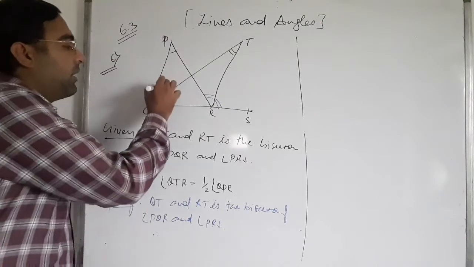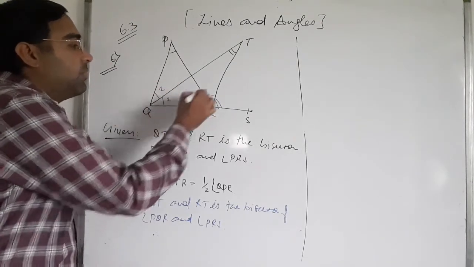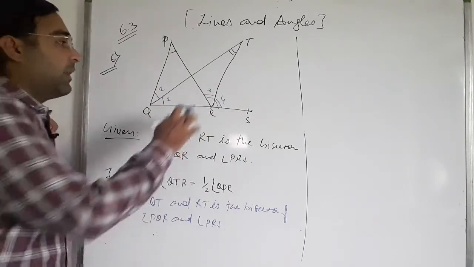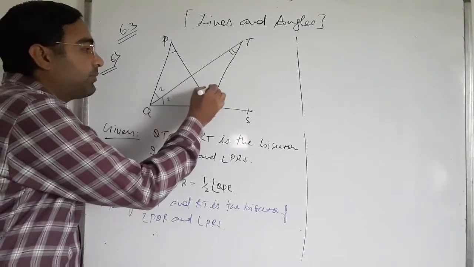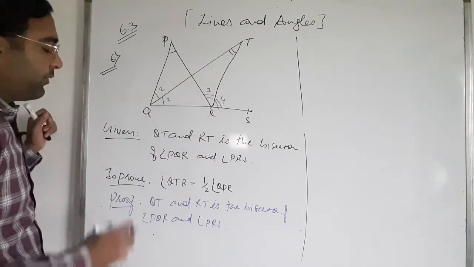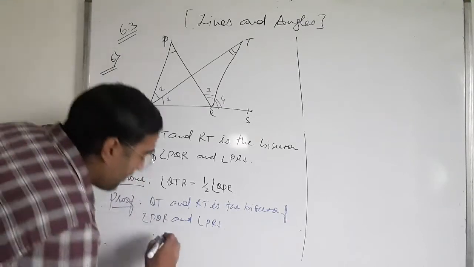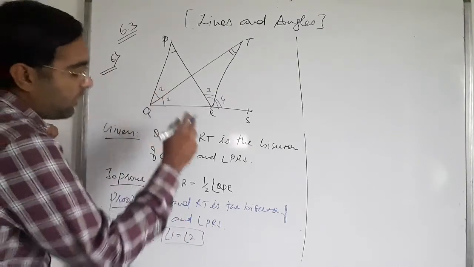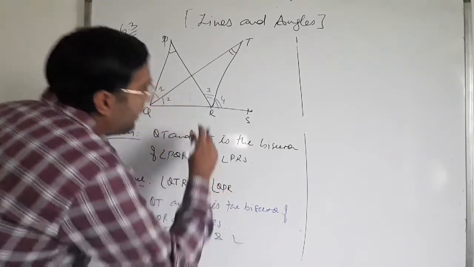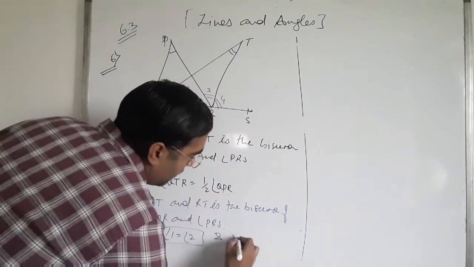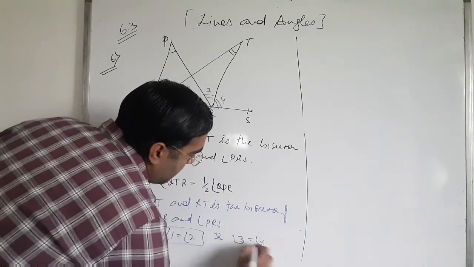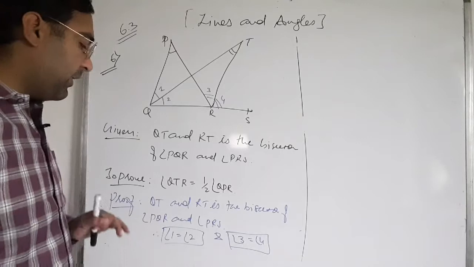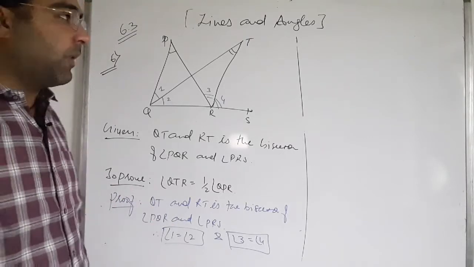I'll name this angle 1 and this angle 2, this angle 3 and this angle 4. Therefore angle 1 is equal to angle 2, and angle 3 and angle 4 are also equal.